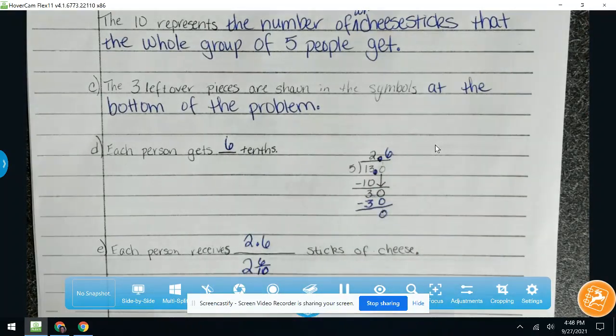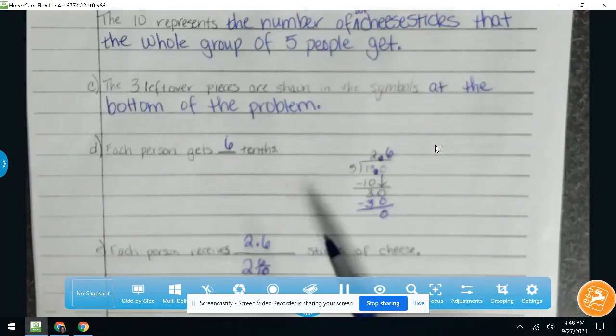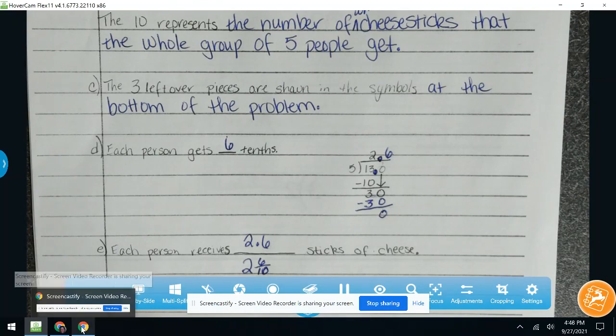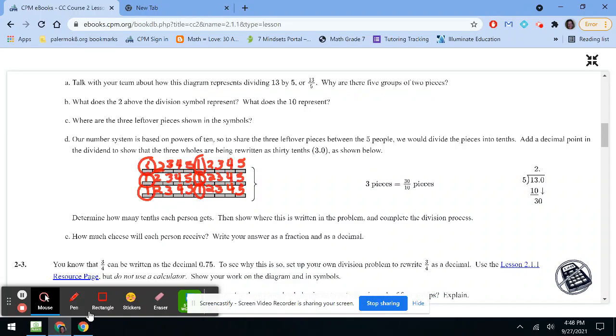So I have it written both as a decimal and as a fraction, mixed number. That's where we end for the first part of 2.1.1.